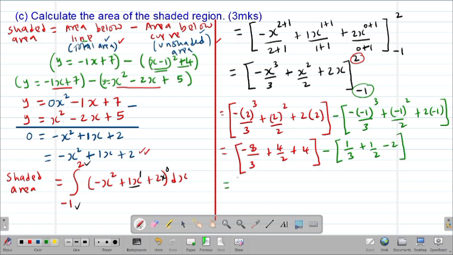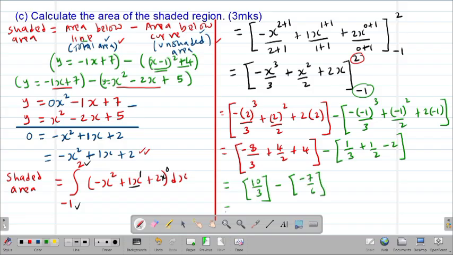So you feed this on the calculator, negative 8 over 3 plus 4 over 2 plus 4, your calculator will give you 10 over 3. Then minus a third plus a half minus 2, your calculator will give you negative 7 over 6.